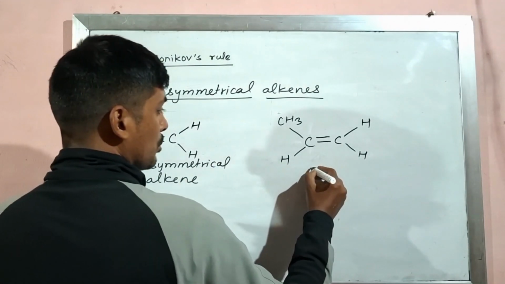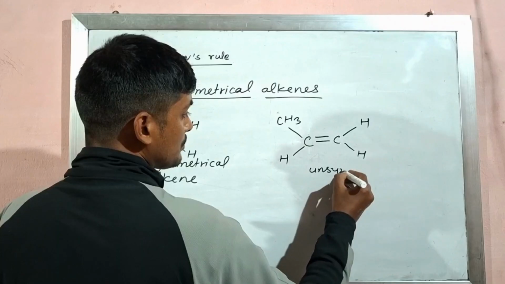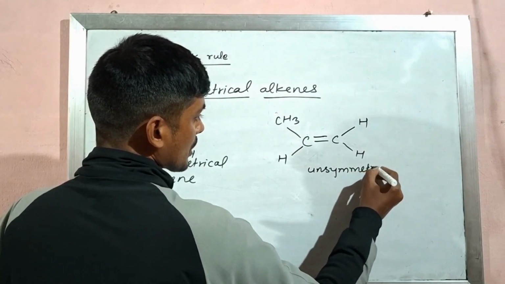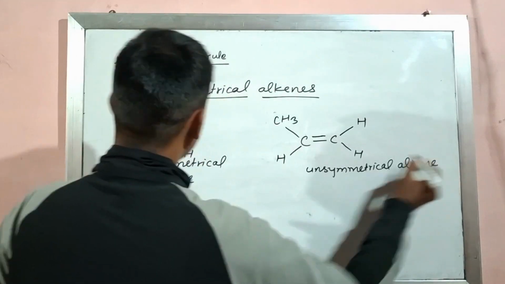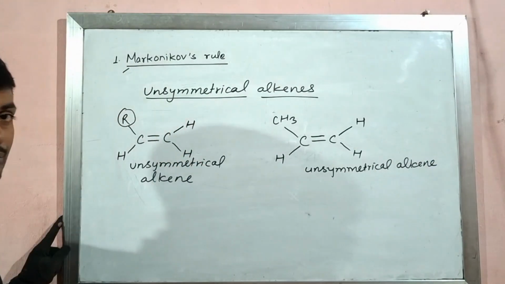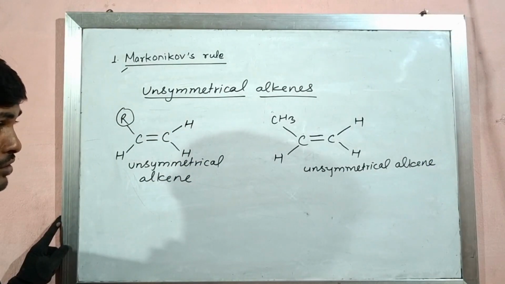Then this is called an unsymmetrical alkene. In place of this R, there may be any other substituent also.